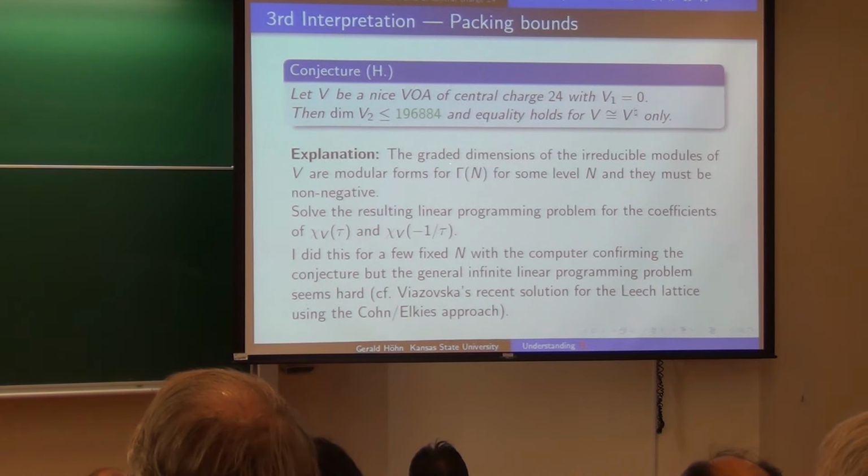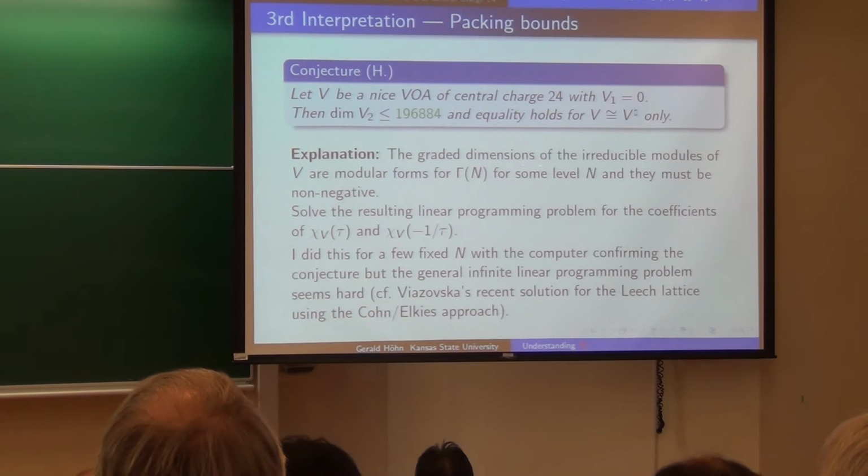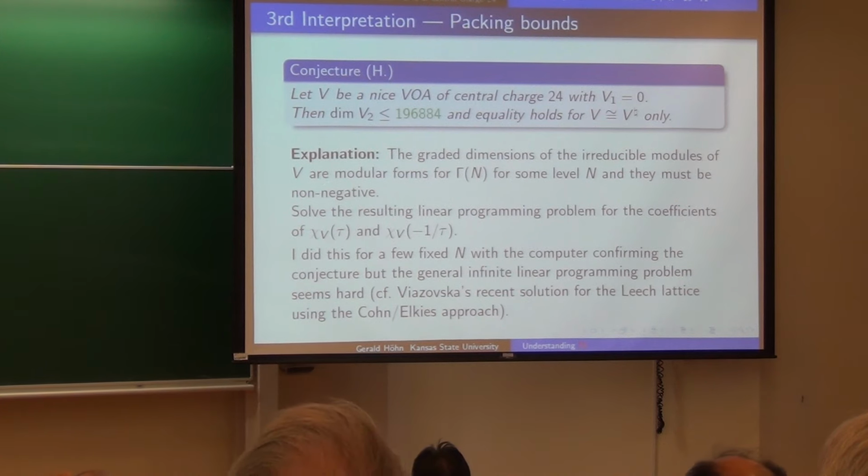So what we know, from the modular tensor category description, is that the graded dimensions of the irreducible modules of the vertex operator algebra are modular forms or modular functions for gamma n for certain level n. And in particular, they have to be non-negative since they count dimensions.